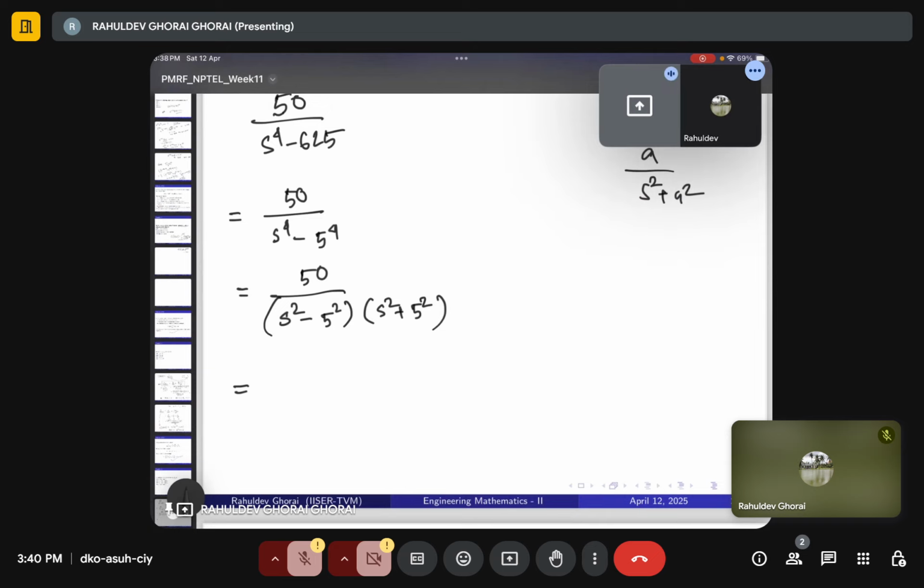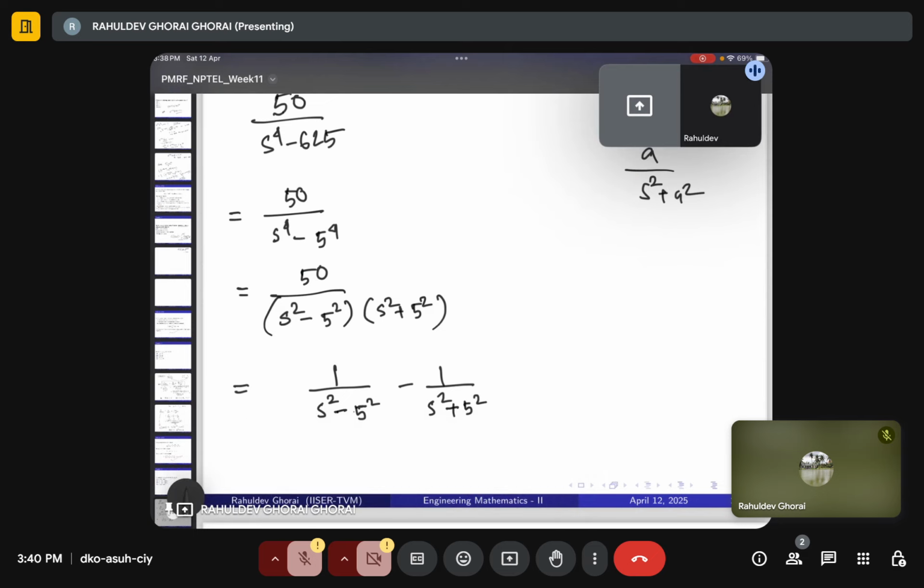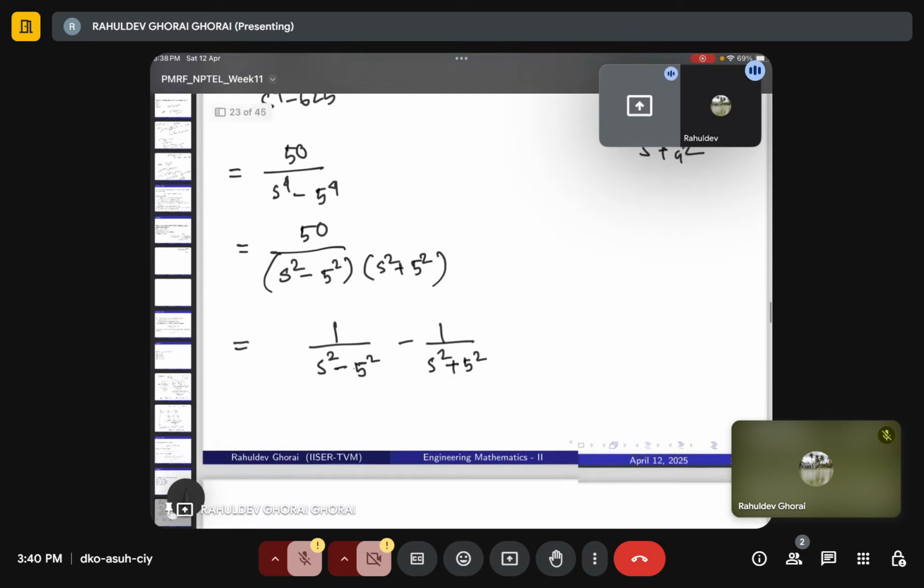So this one, if you see, you can write as 1 over s square minus 5 square minus 1 over s square plus 5 square. You will see this will be equal to this.